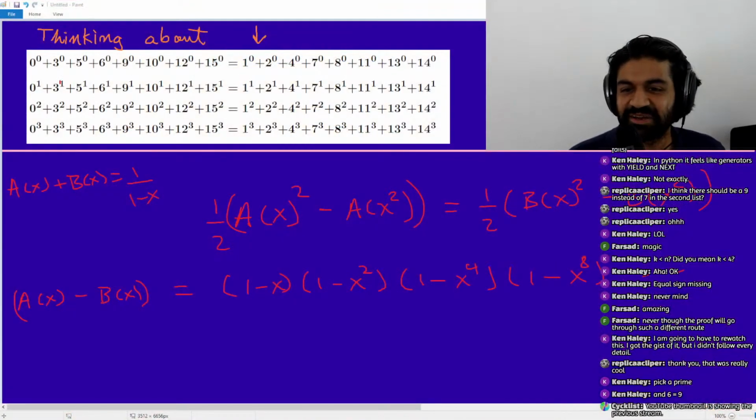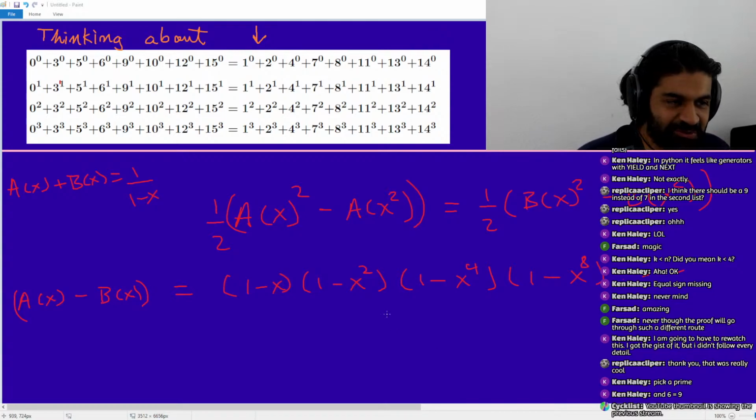Interesting, right? So what does this mean? What happens when you now multiply out the right-hand side?